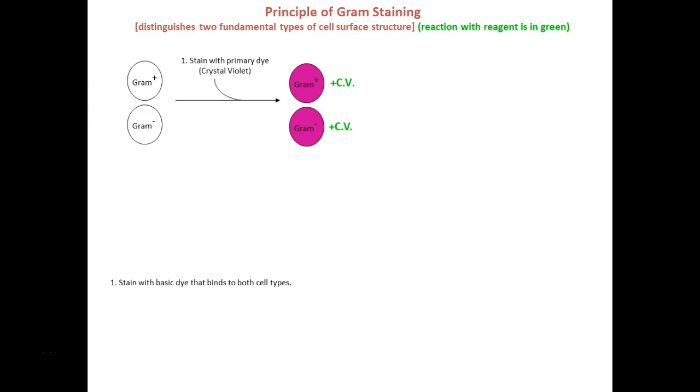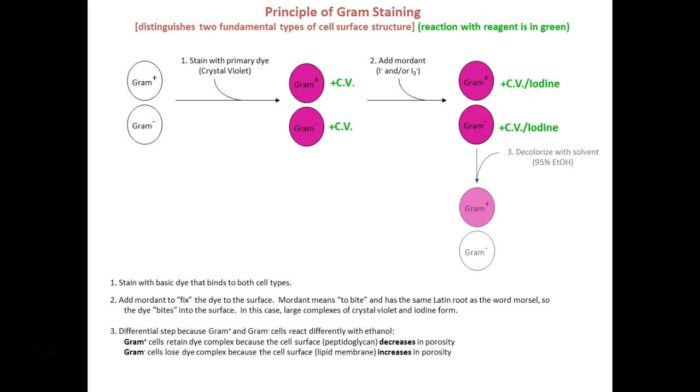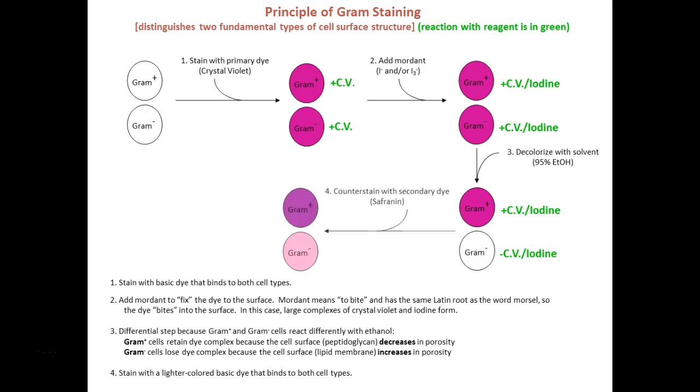They're all going to be purple at the first step. Iodine, they're all still going to be purple. Then when we decolorize, we're going to make the gram-negatives colorless. When we stain with the safranin, we're actually going to end up with a darker purple, and then, of course, the light pink for the gram-negatives.